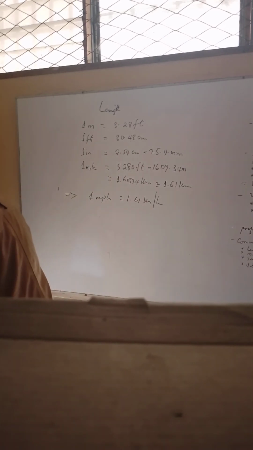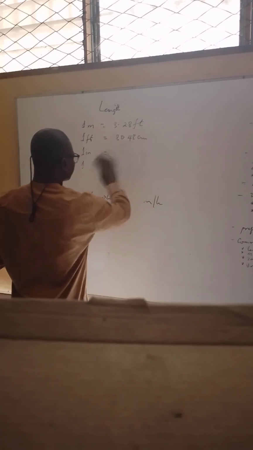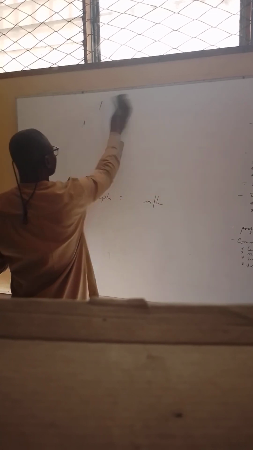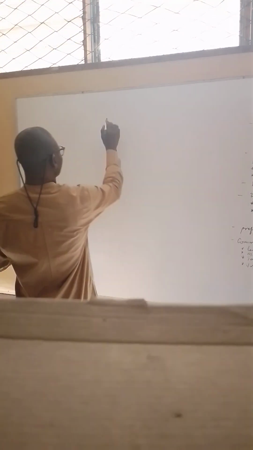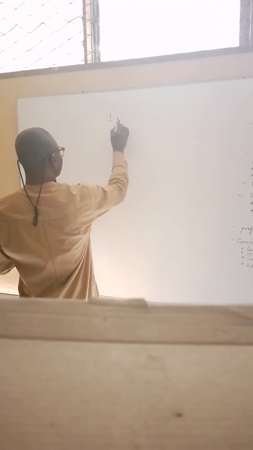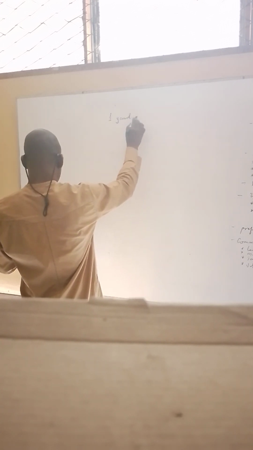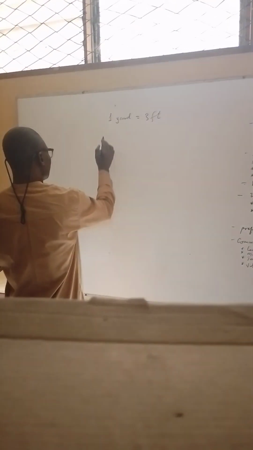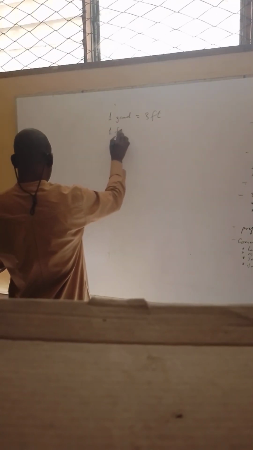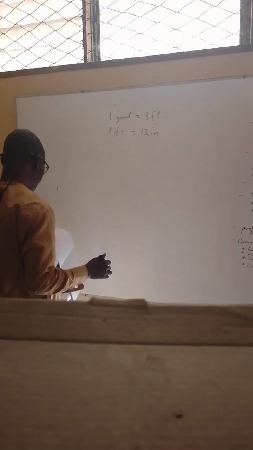Let's still have more examples. One yard is equal to 3 feet. And then 1 foot is equal to 12 inches.